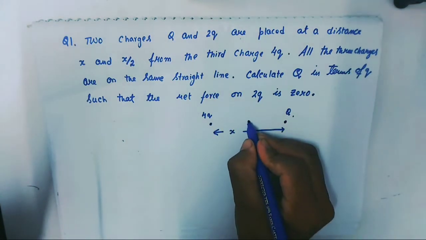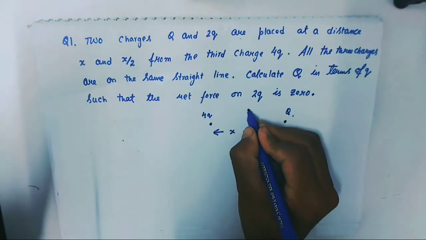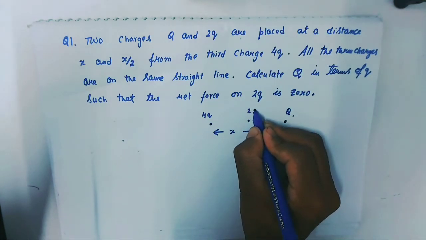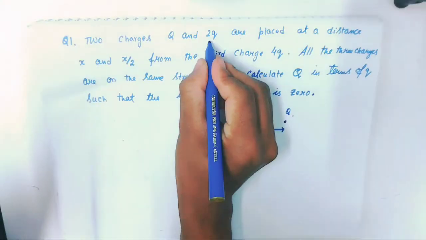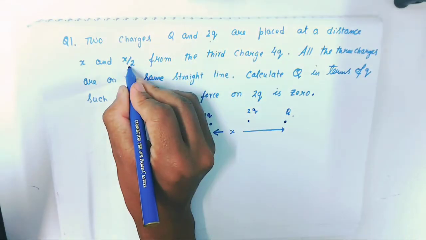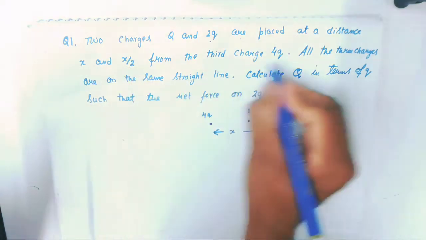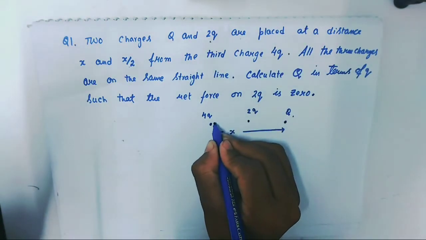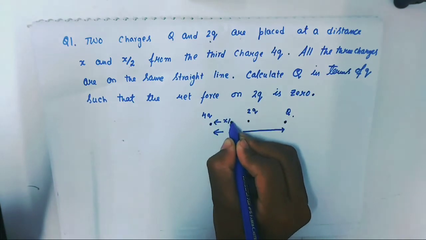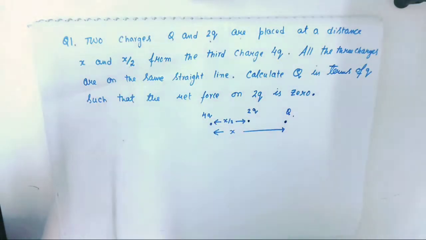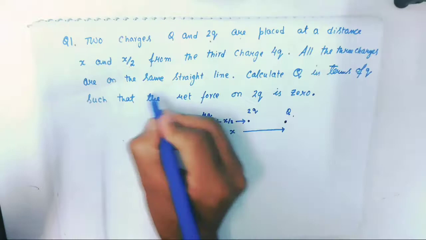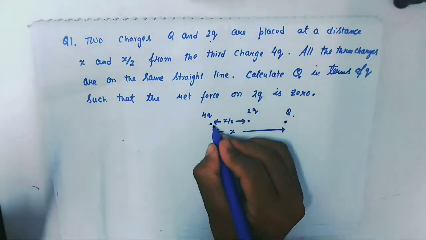So somewhere here we have a charge 2Q, and this 2Q is at the distance x by 2 from 4Q. And also, the question says that all these three charges are on the same straight line.